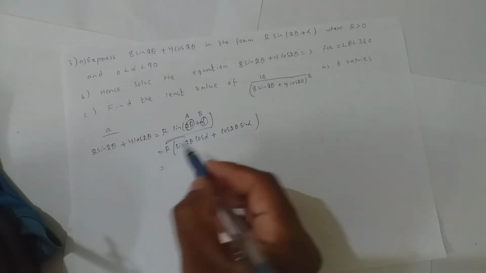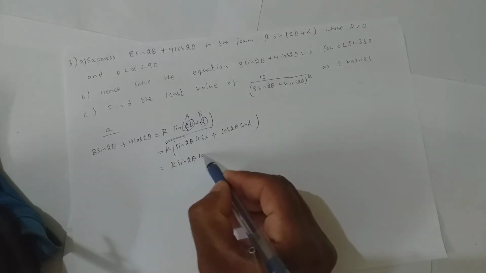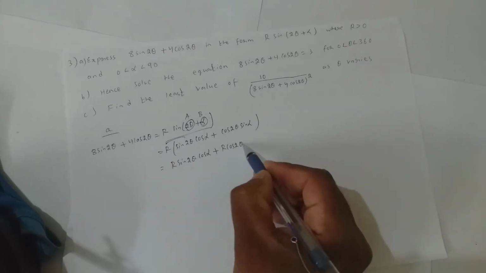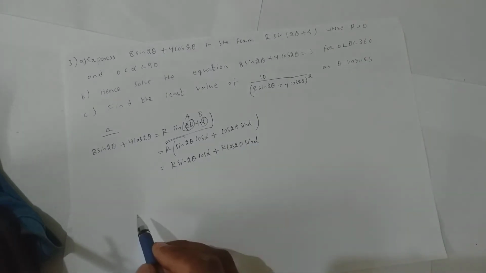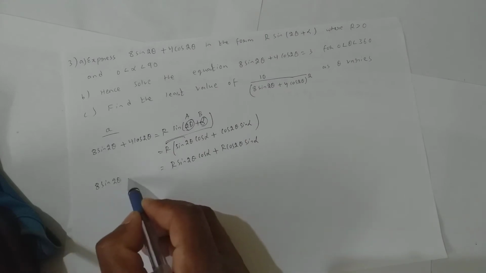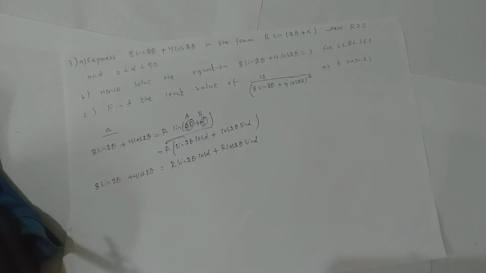Multiply with r. So it becomes r sine 2 theta cos alpha plus r cos 2 theta sine alpha. And this side what do I have? 8 sine 2 theta plus 4 cos 2 theta. Don't worry about the 2 theta.